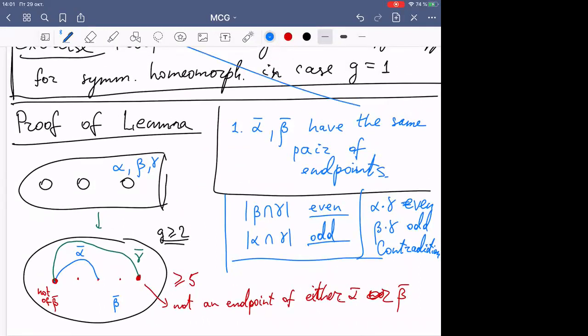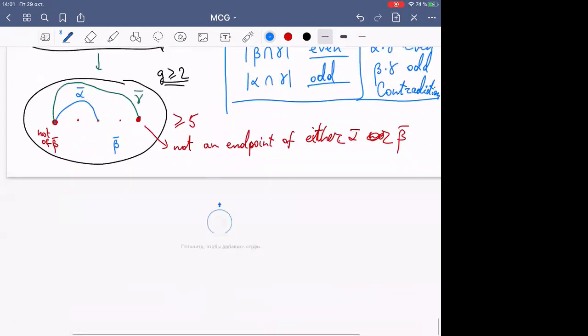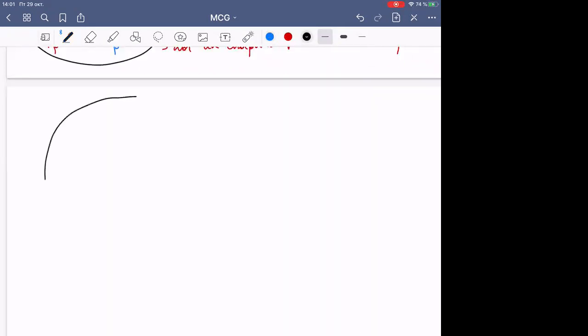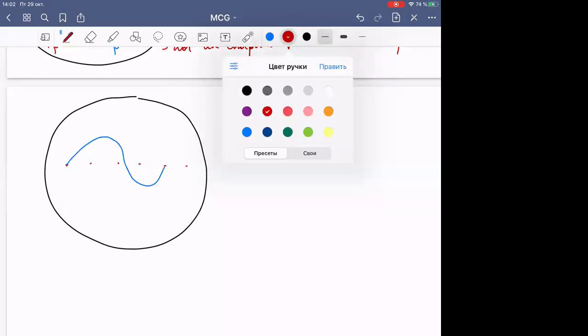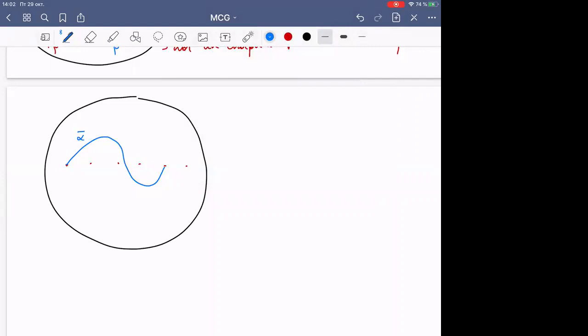So we get a contradiction, and this is why the situation is as follows. We have marked points, and alpha bar and beta bar are arcs with endpoints in these two marked points.